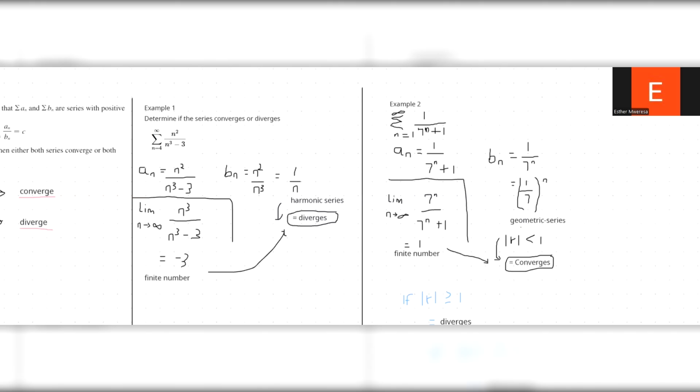And that shows the series converges. If the absolute value of the ratio r were greater than or equal to 1, the series would diverge.